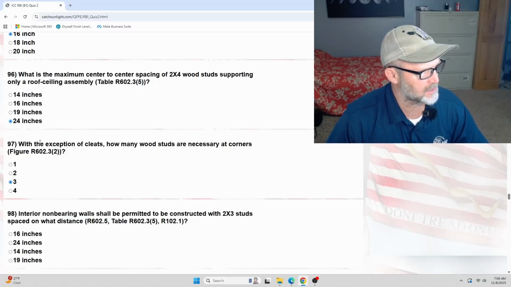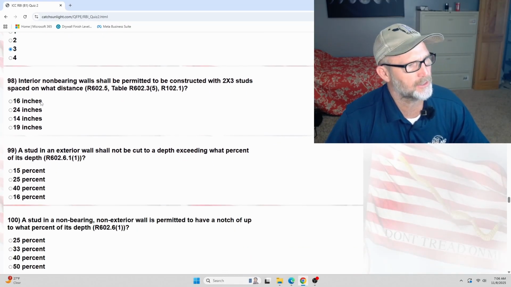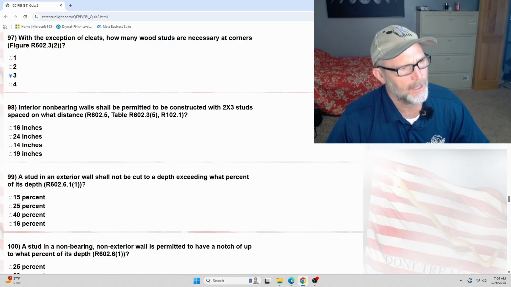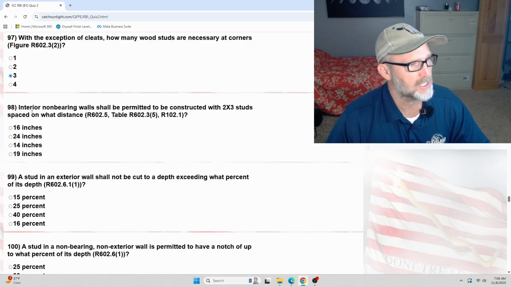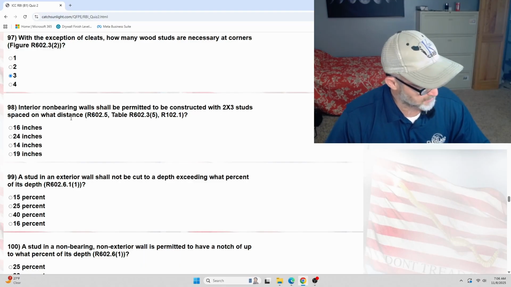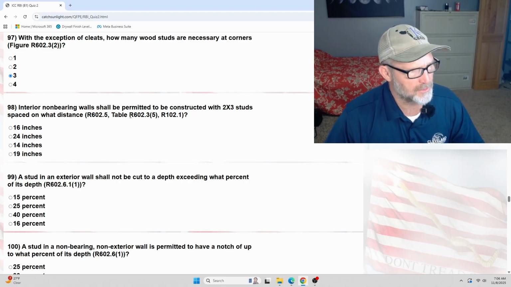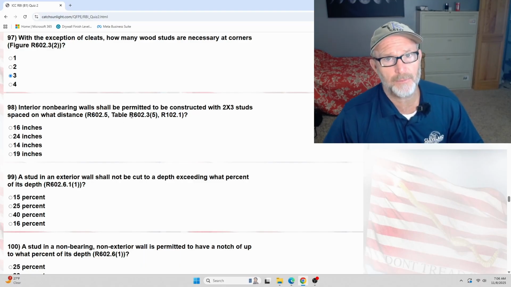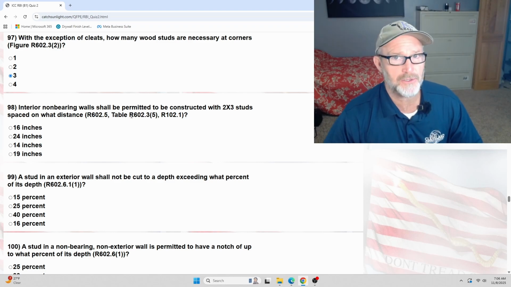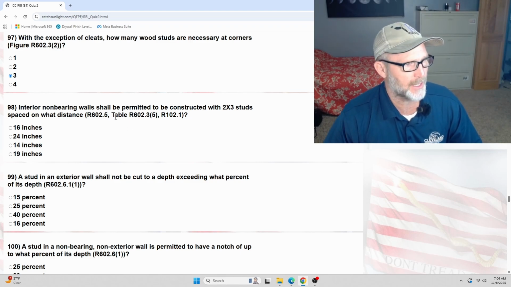All right, let's go down to 98. Interior non-bearing walls shall be permitted to be constructed with 2x3 studs spaced on what distance? This is complicated because there's 2 different answers you could use if you're ever asked by an AHJ.